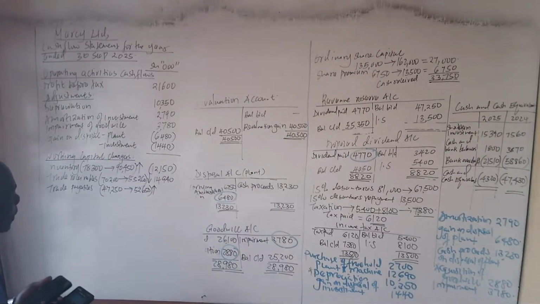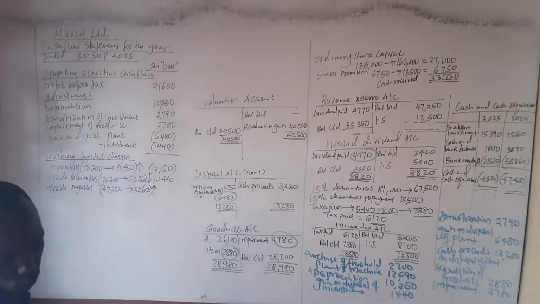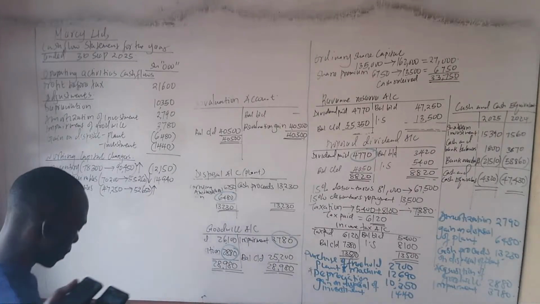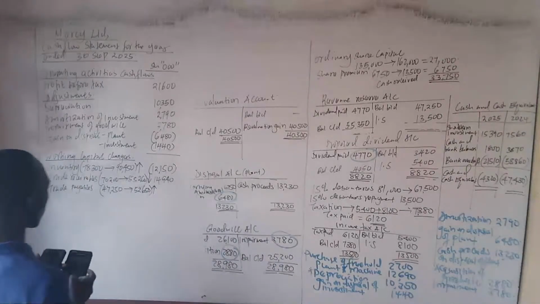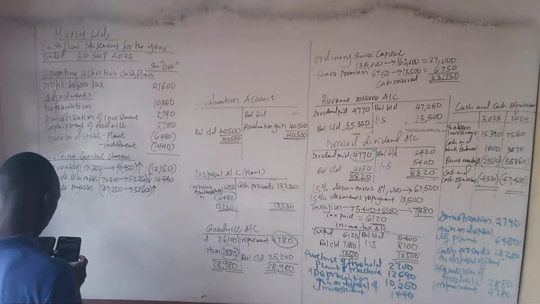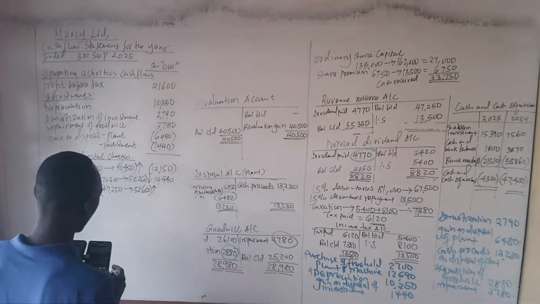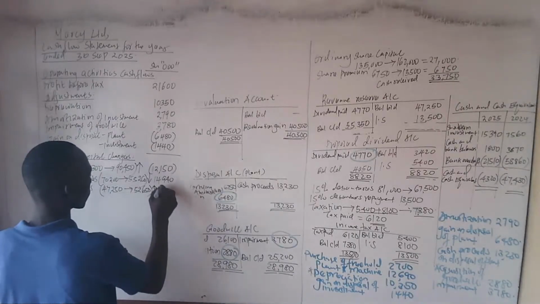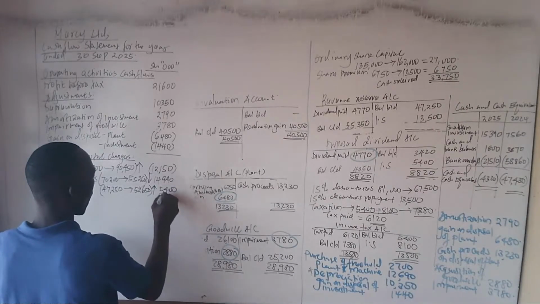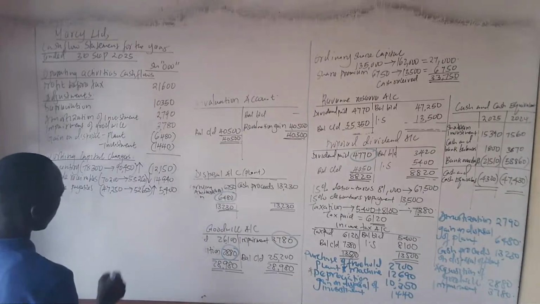So we are purchasing on credit and not paying the suppliers. By how much? 47,250 to 52,650. So we are retaining money to do other businesses. 5,400, that is an inflow.